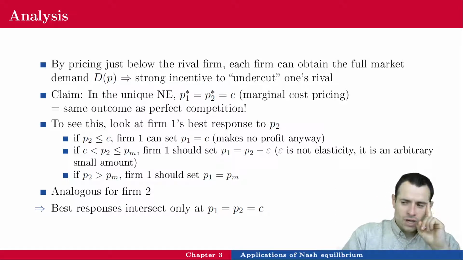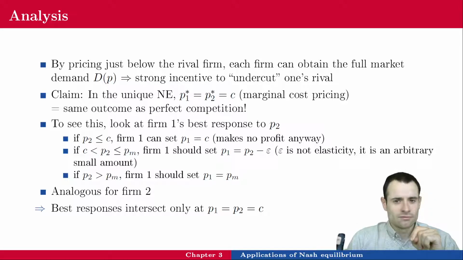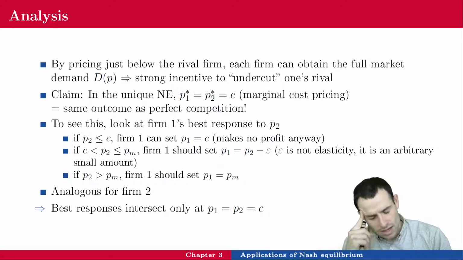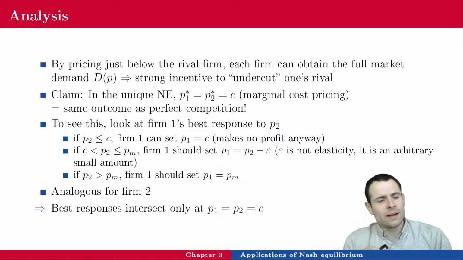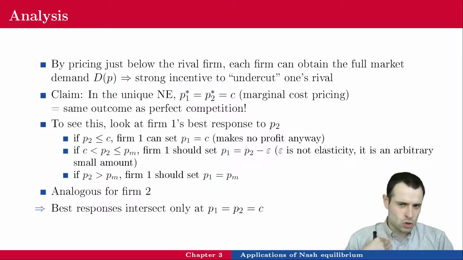The competitor is going to anticipate I am going to charge 19.99, so he's going to charge 19.98. If he charges 19.98, I should charge 19.97. And then the other firm is going to think the same thing. He's going to say, yeah, well, this guy is going to go 2 steps ahead. He's going to anticipate I'm going to charge 19.98, so he's going to charge 19.97, so I should charge 19.96.